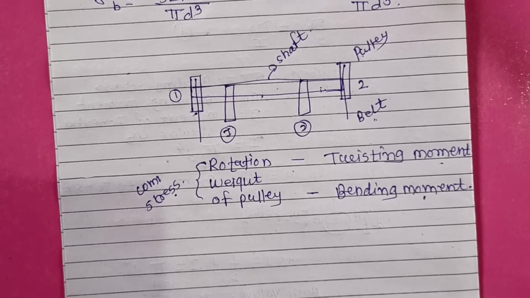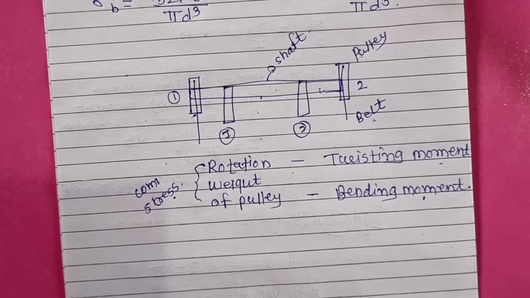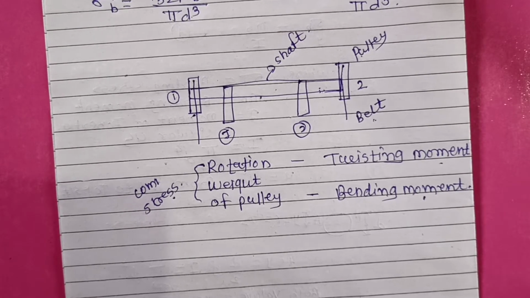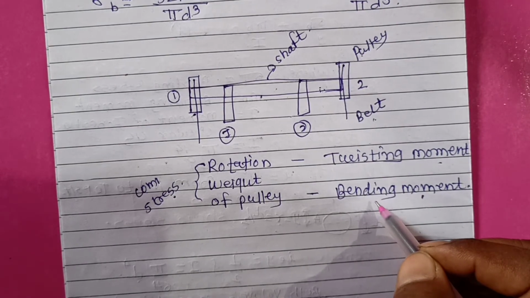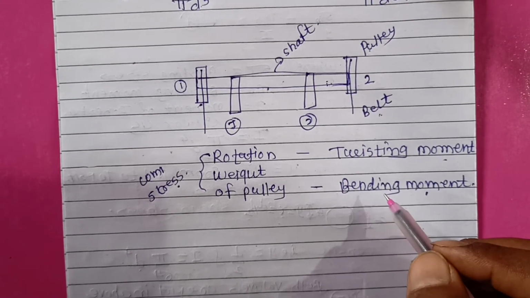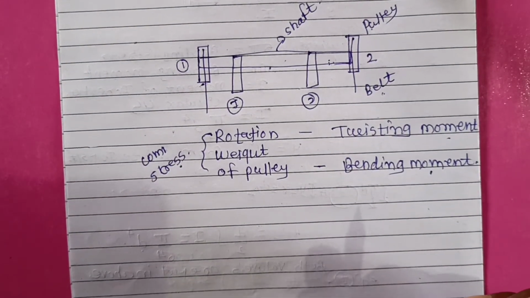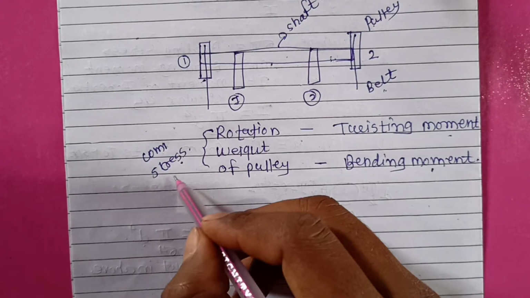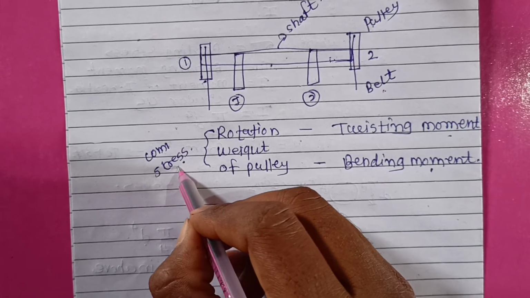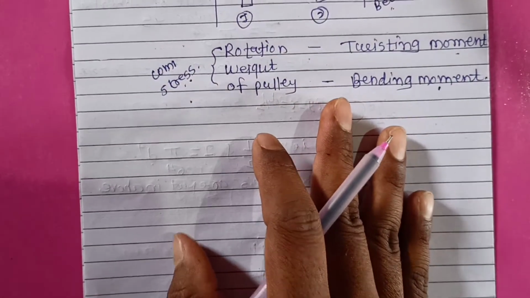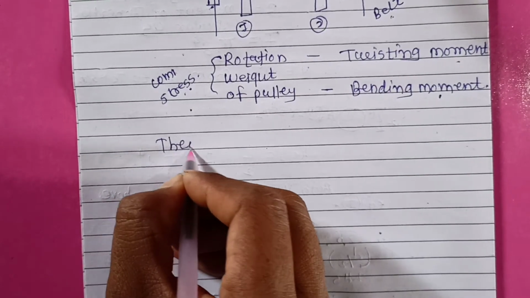Due to the rotation the twisting moment acts on the shaft, and due to the weight of the pulleys the bending moment acts on the shaft, and due to the twisting moment torsional shear stress is created, and due to the bending moment bending stress is created, and due to these two the shaft fails as early as possible. Because of these two we want to calculate the combined stress. Now see here, how is it possible to calculate the combined stress? The combined stress is calculated with the help of theories of failure.